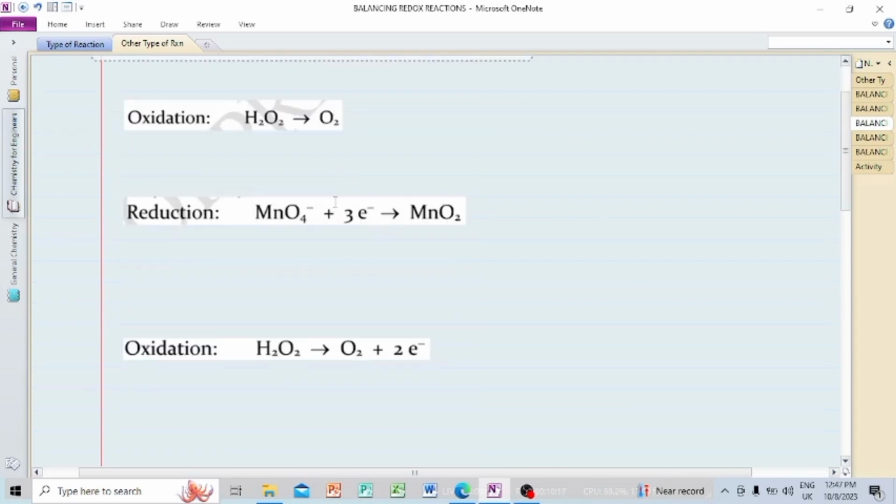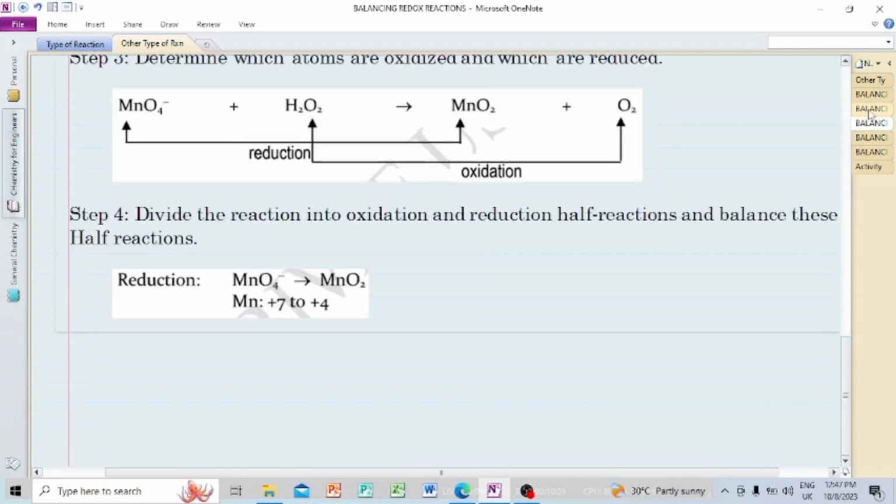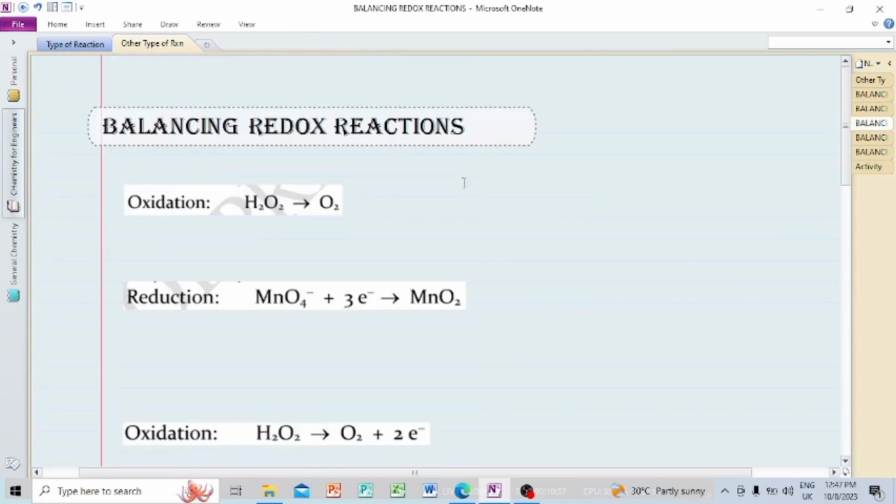Let's balance our oxidation first. For our oxidation, the oxidation number of our oxygen goes from negative 1 to 0. So, the first thing that we will do is to balance the oxidation number.